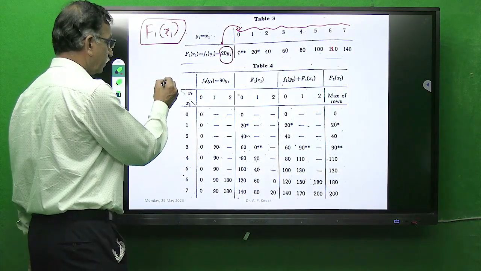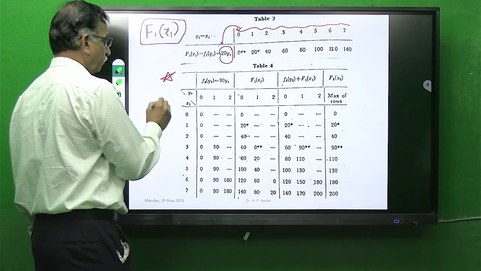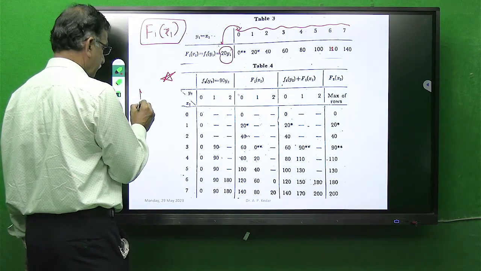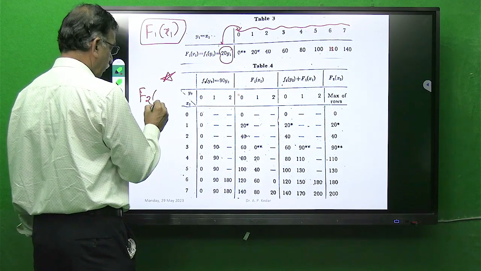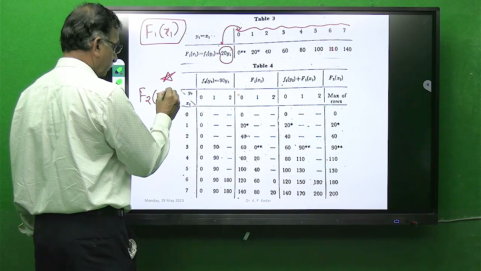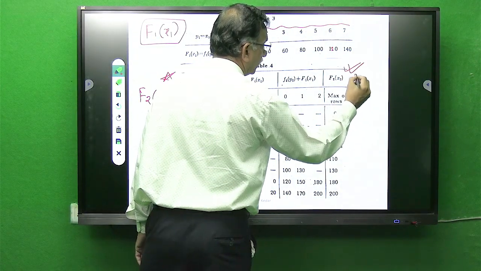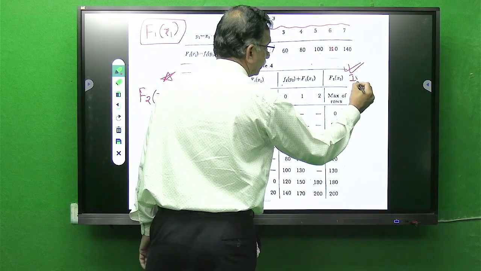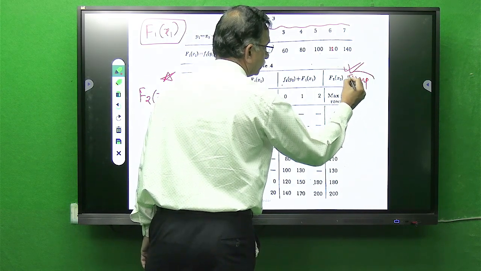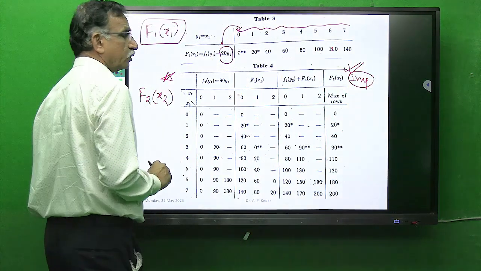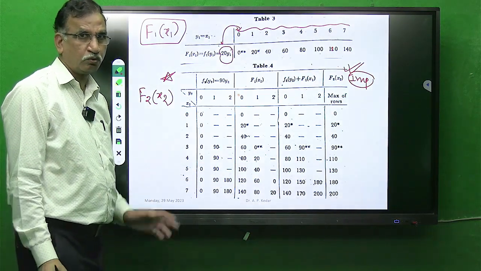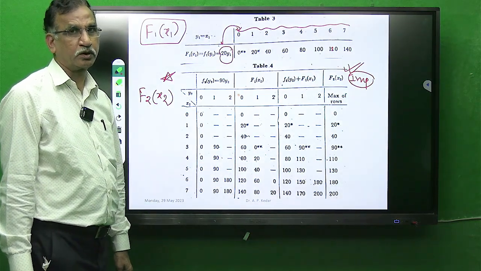Now this is a very important table, from which we are interested in getting the value of f2 of x2. I am interested in this column. This is my important column for the second stage, and how to arrive at it is important.